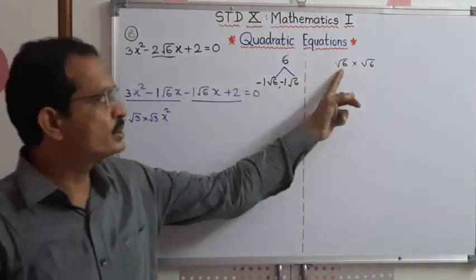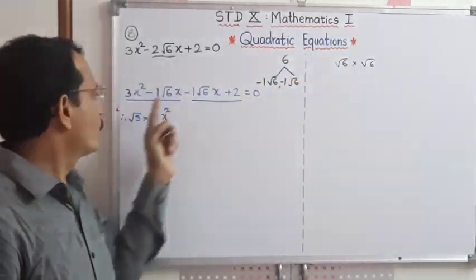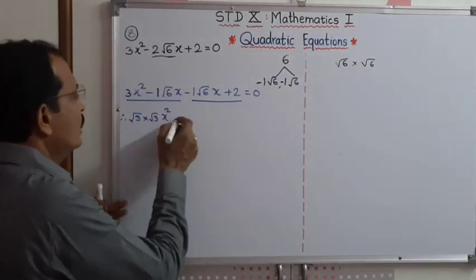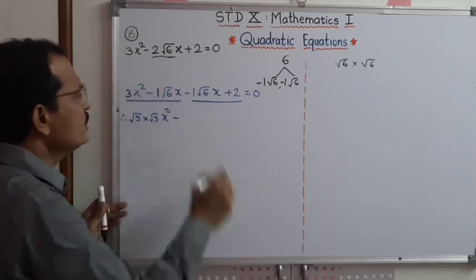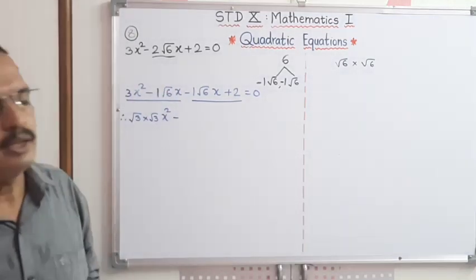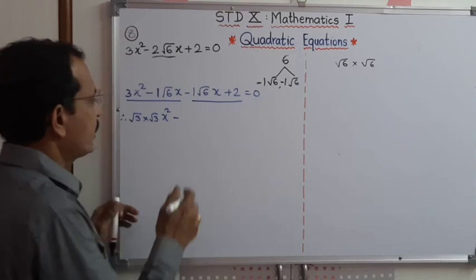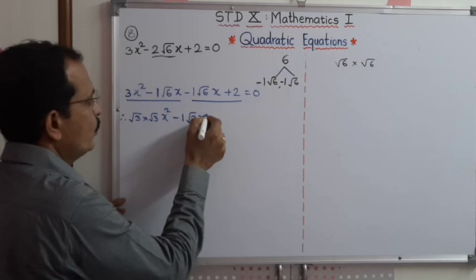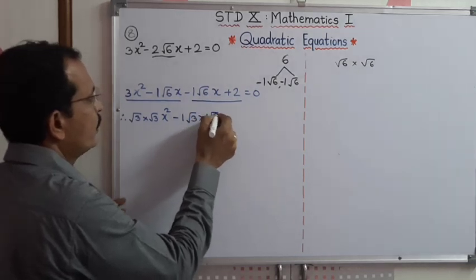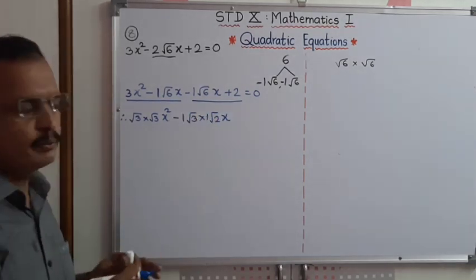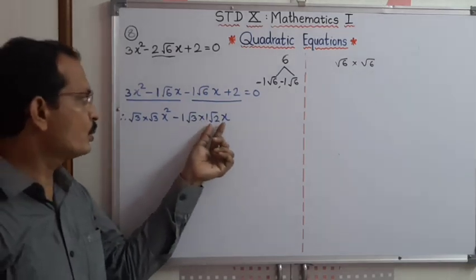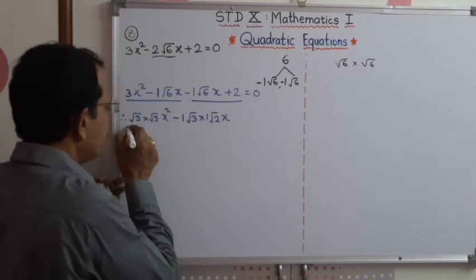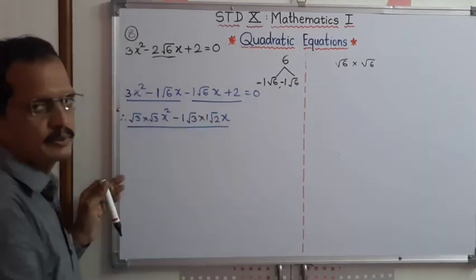Just now I told you root 6 into root 6 it is 6. Root 3 into root 3 it is 3. It doesn't make any difference. Minus, now this root 6 is there. Instead of root 6 I can write 1 root 3 into 1 root 2 x. That means root 3 into root 2 it is root 6 and this x as it is. It will help us to find out the common factors.